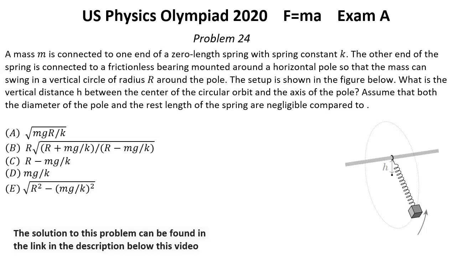The setup is shown in the figure below. What is the vertical distance h between the center of the circular orbit and the axis of the pole? Assume that both the diameter of the pole and the rest length of the spring are negligible compared to r.